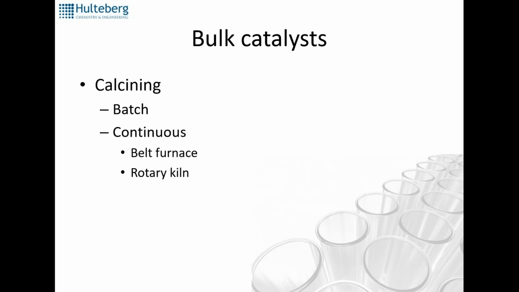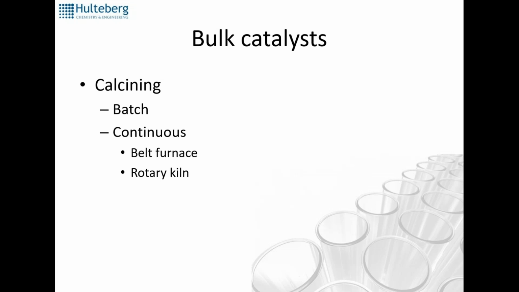And calcination can be either batch-wise or continuous. We mainly do batch-wise calcination, which puts rather high requirements on our gas purification systems, because you reach a rather discrete temperature where all of your nitrates are transferred into NOx at the same time, and you need to handle this large emission in a short period of time.